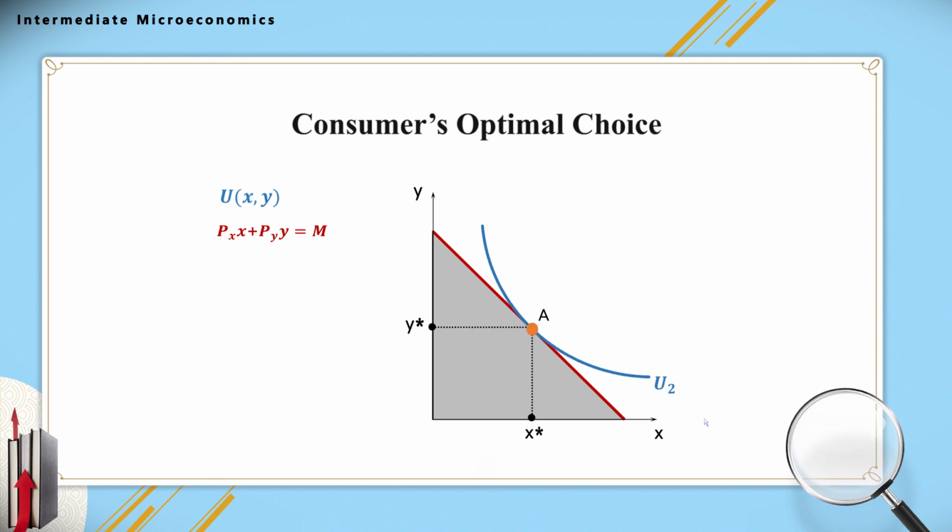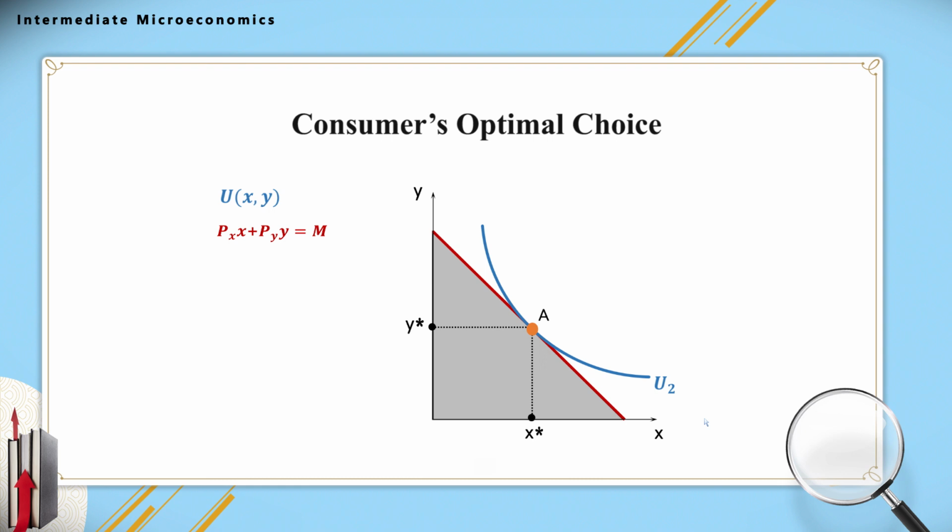Consider an indifference curve that is tangent to the budget line, such as U2. This is the highest indifference curve that the consumer can achieve within the budget set. The tangent point is affordable, and all the other consumption bundles on the budget line are on the lower left side of U2.